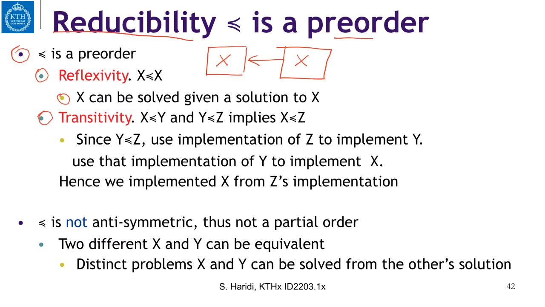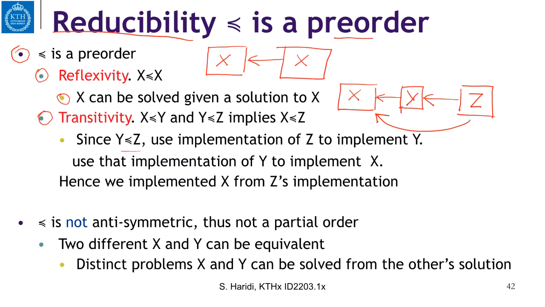Reducibility is transitive because if y can be used to implement x and y itself is implemented in terms of z, then of course z can implement x. Say it in words.